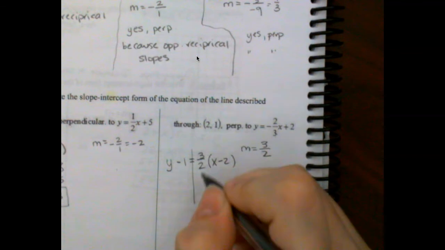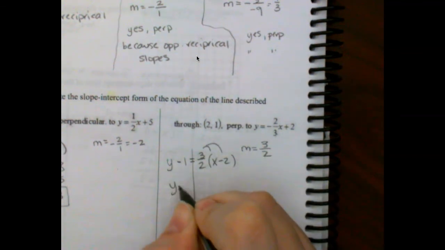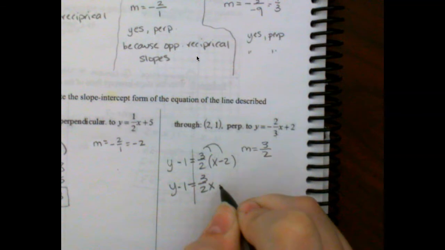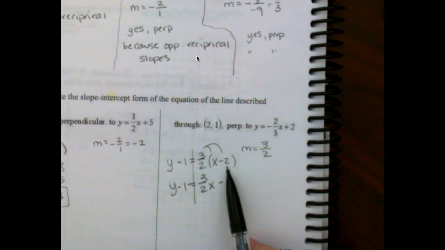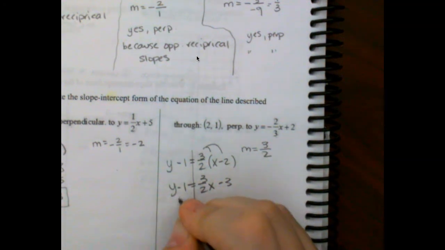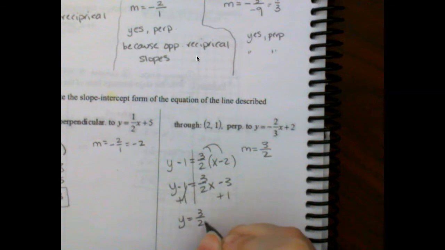And now I just distribute and simplify. So y minus 1 equals 3/2 x minus 3/2 times 2 times -2 is going to give me a -3. And you can use your calculator for that if you don't believe me. We're going to add the 1 over, and I get y equals 3/2 x minus 2.